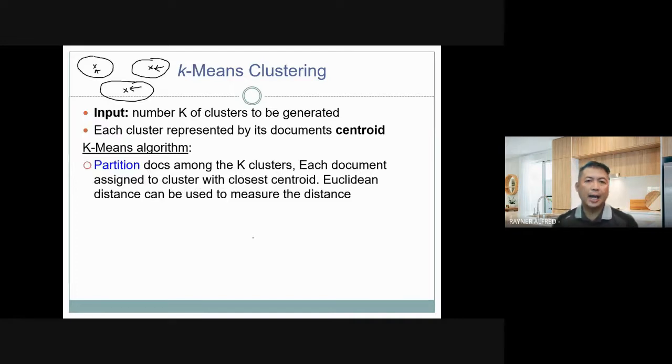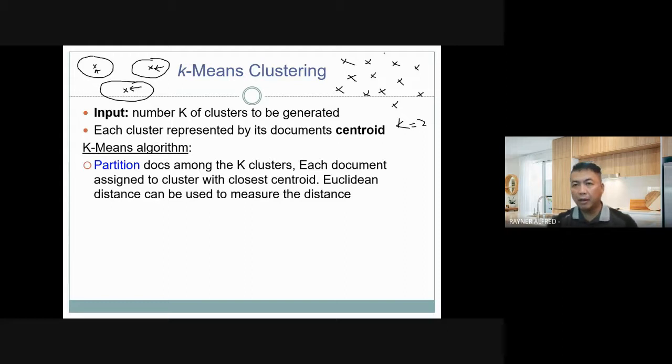So this is the algorithm. We want to partition the documents among the K clusters. Each document will be assigned to the cluster with the closest centroid. Suppose we have these documents in 2D. Suppose this is the position of the documents, and K equal to 2.